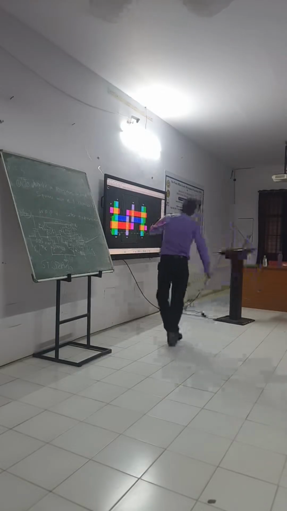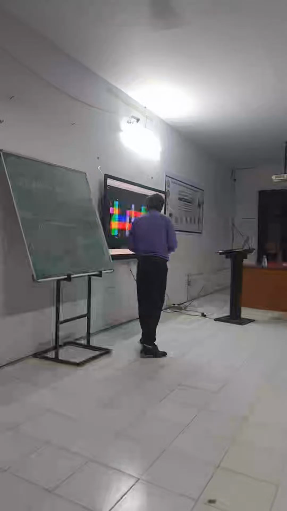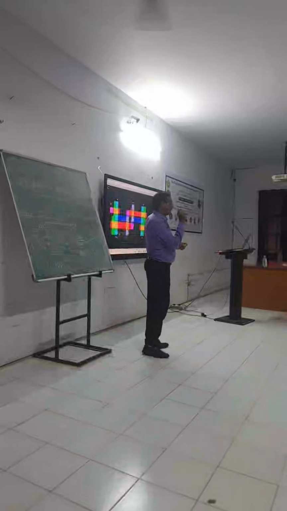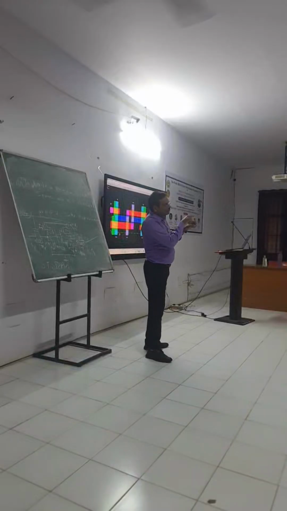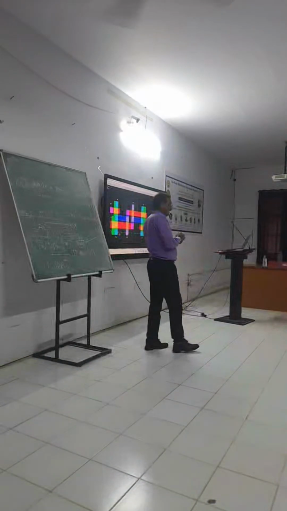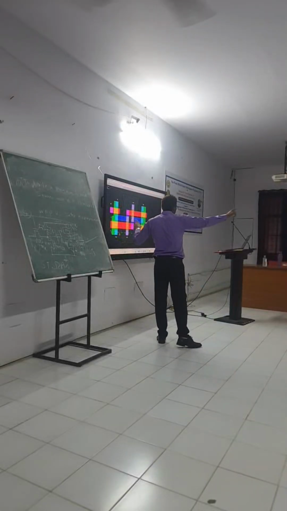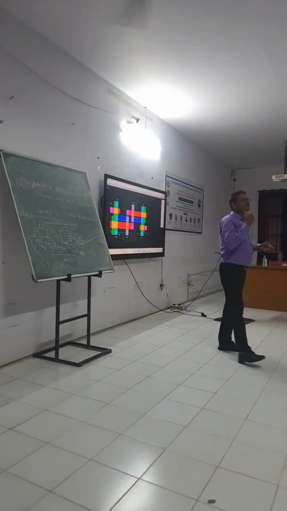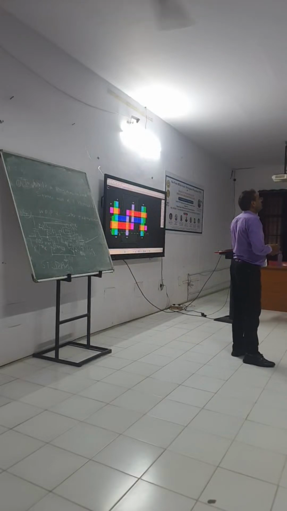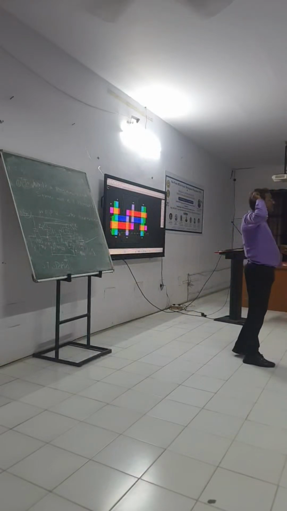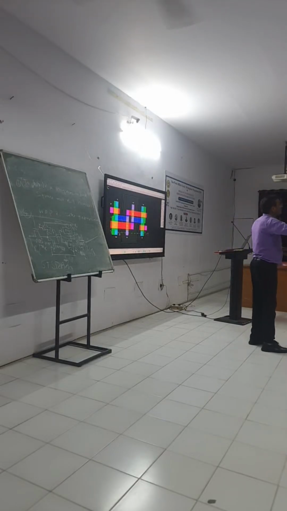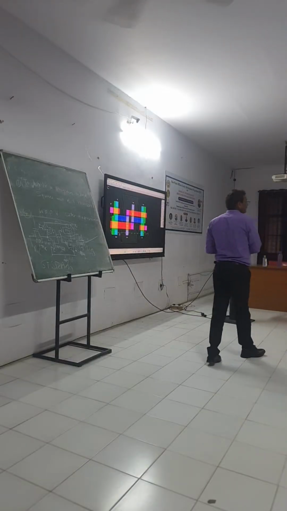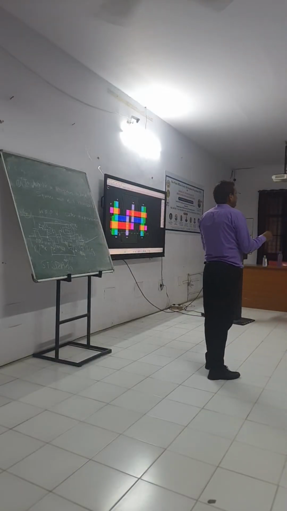You can multiply 2.9 micrometer into 1.0 micrometer, and that much area is taken by this one bit cell. If you are going to design 64 into 64, that is a 512 byte memory, you have to multiply this by 4096, because 64 into 64 is 4096 bits. So 4096 bits into this area will be the exact area of the 512 byte memory.